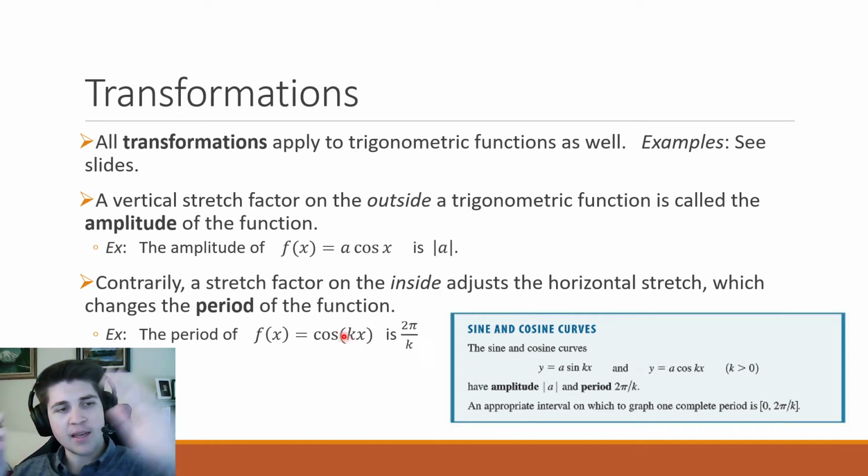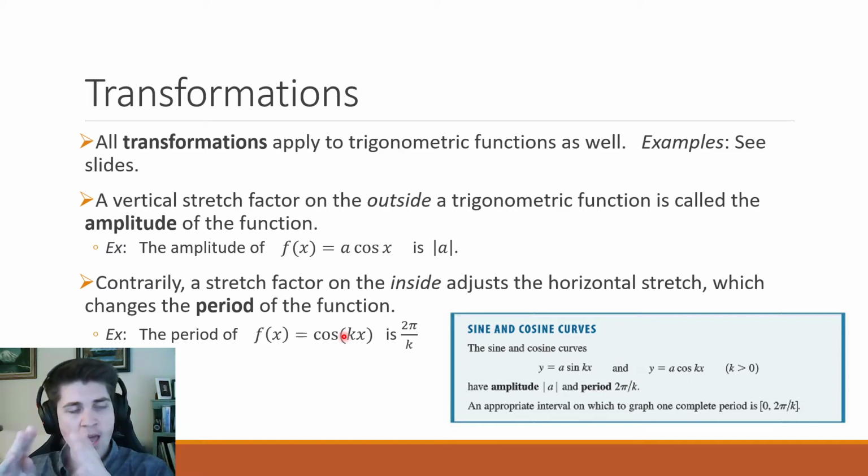Instead of being a vertical stretch, it would be a horizontal compression. And recall that on the inside, it does the opposite effect than what it would do on the outside. That's the hard thing to remember because it's conceptually backwards.